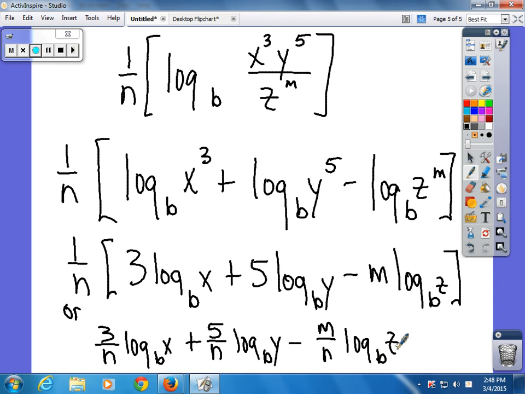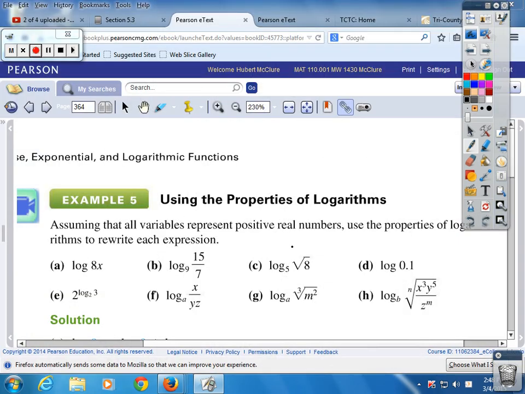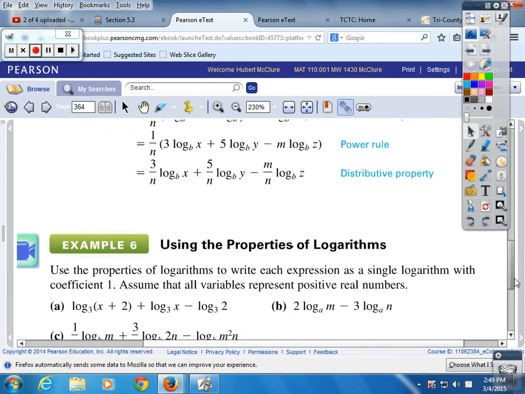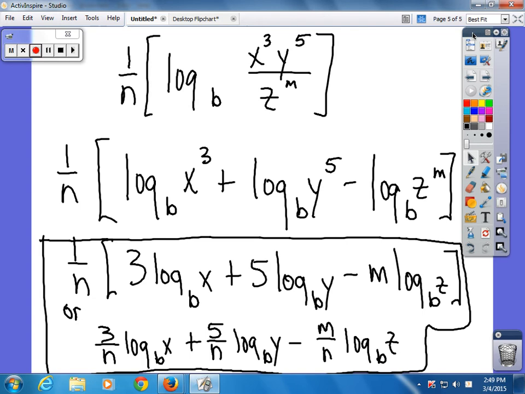So you've got two possible answers. Let me look and see which one they said. Did they distribute it? Yeah, they distributed the 1 over n. So in this case, this would be your answer right here.